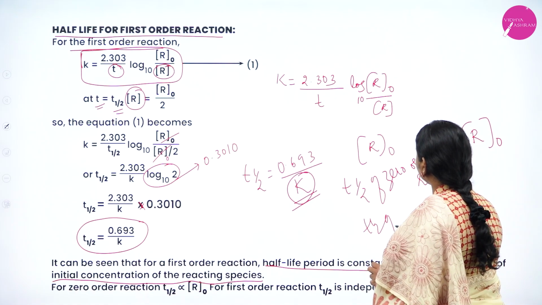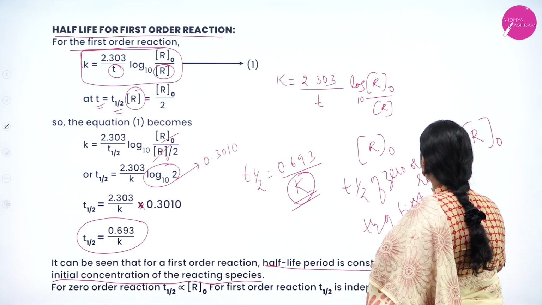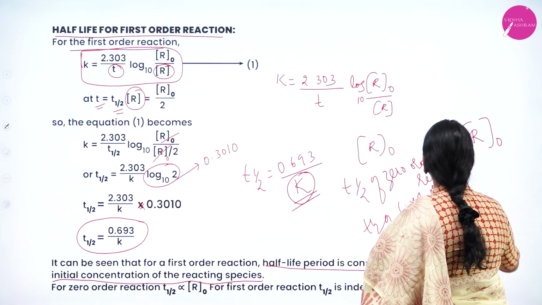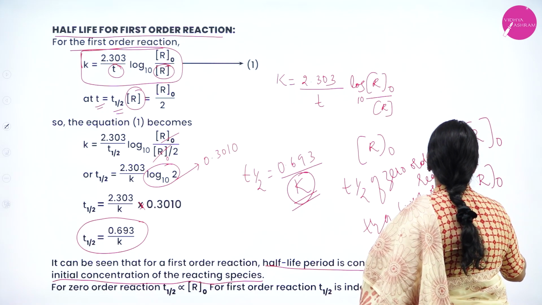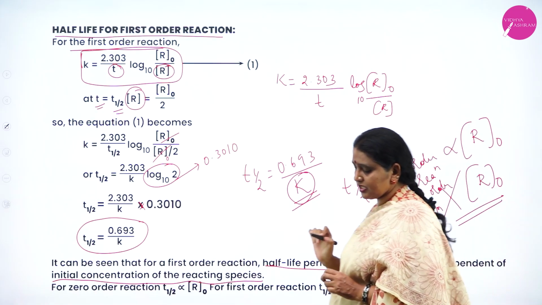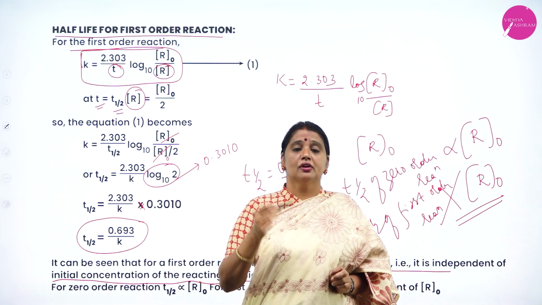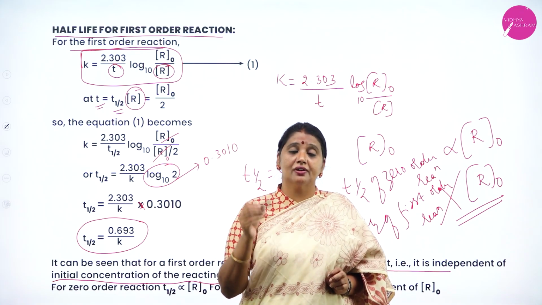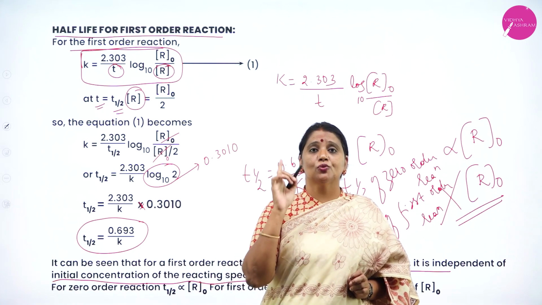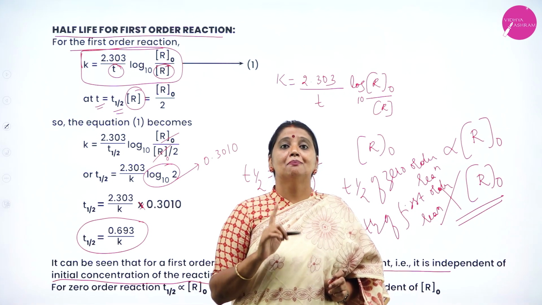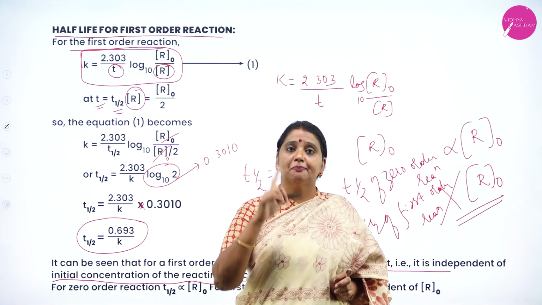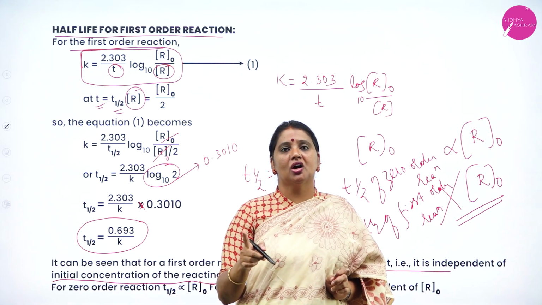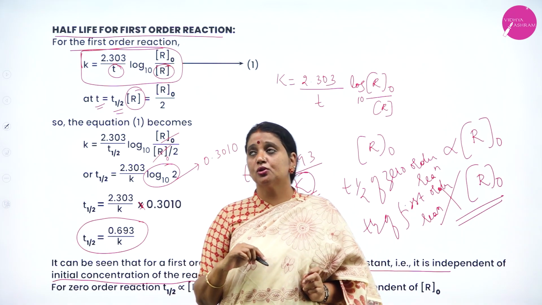But T half of a first order reaction is independent of the initial concentration of the reactant. Therefore, for a first order reaction, it depends only on the velocity constant K. But for a zero order reaction, it depends upon R naught as well as K, being directly proportional to R naught and inversely proportional to the velocity constant.